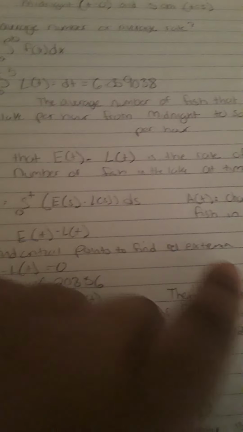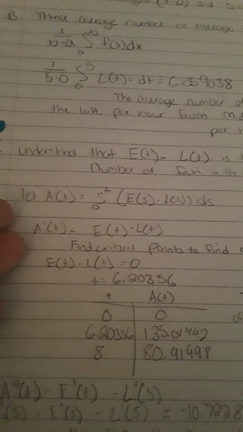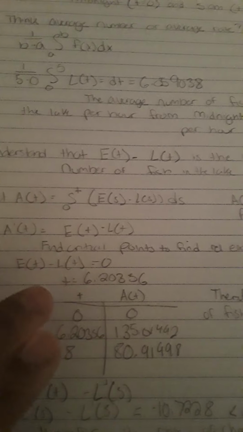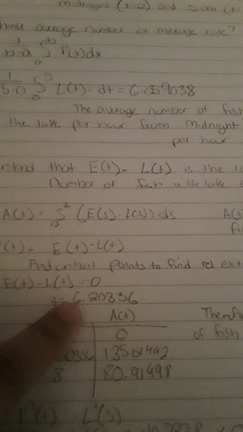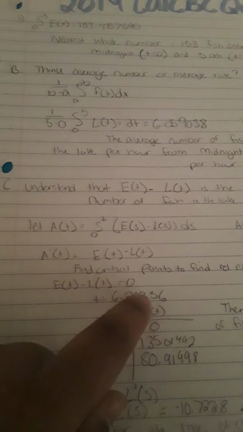By finding your critical points, you're finding your relative extrema, where the derivative equals 0. And the derivative equals 0 when the time is 6.20356. And that's going to be one of the times you're going to put in the candidates test. Okay, then you're going to go down here and we're going to do our candidates test. Sorry, it's kind of hard focusing.